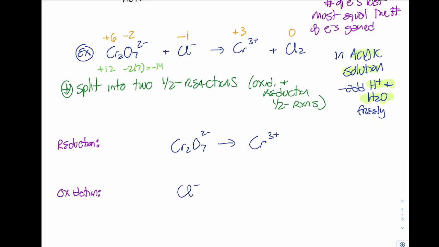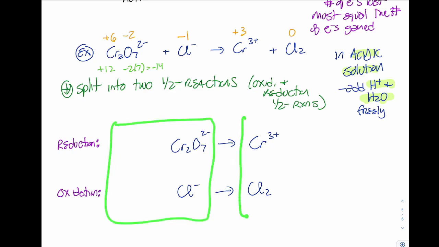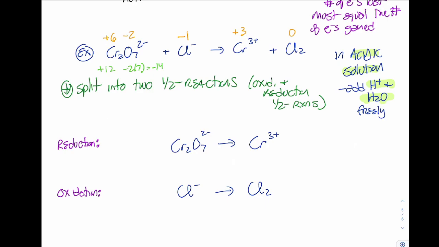So Cl minus going to Cl2. And I like to write these, we're eventually going to add them back together, and it's easier for me if I keep my arrows lined up so they're right on top of each other. That way when I add stuff together, I know that everything over here is going to be on the reactant side and everything over here is going to be on the product side. It's just easier for me to see it. So I like to line those up.